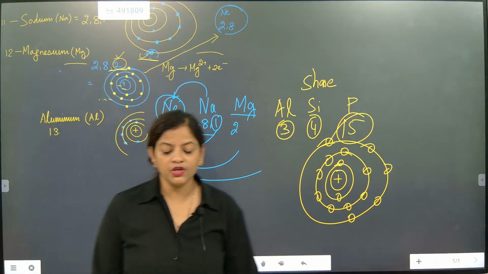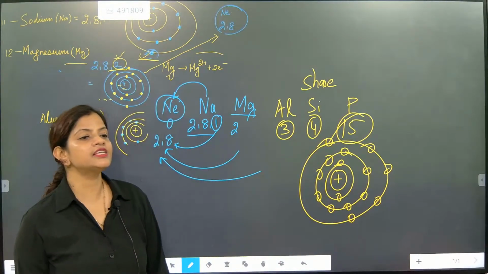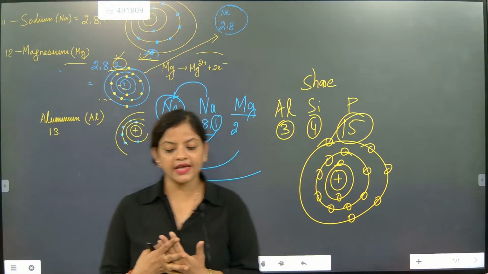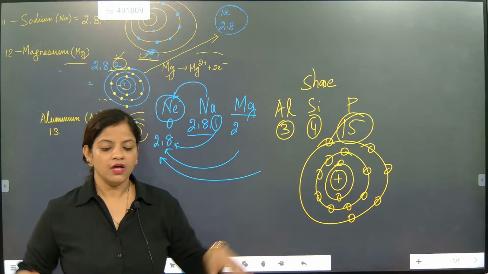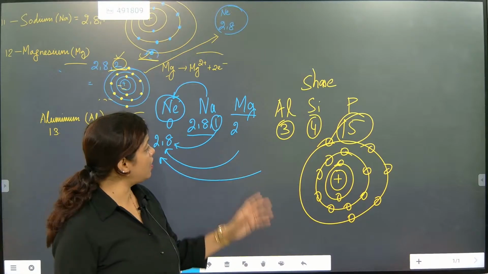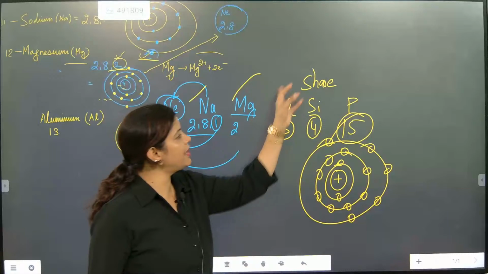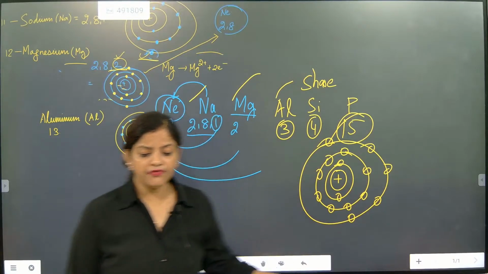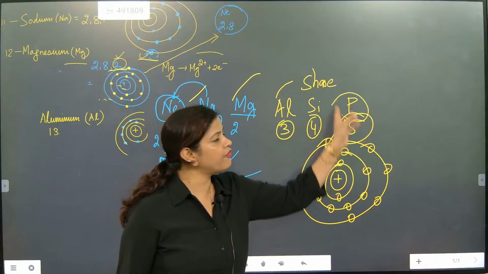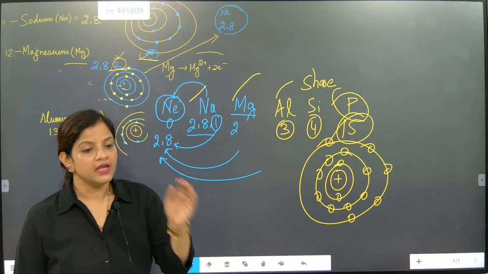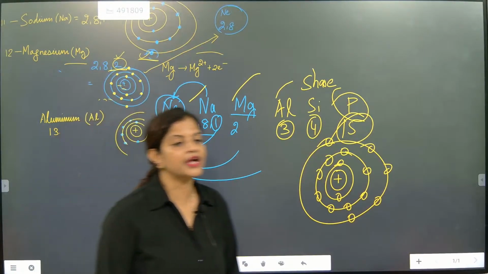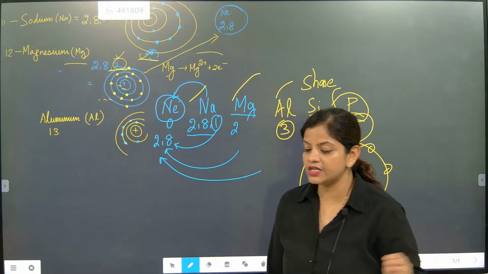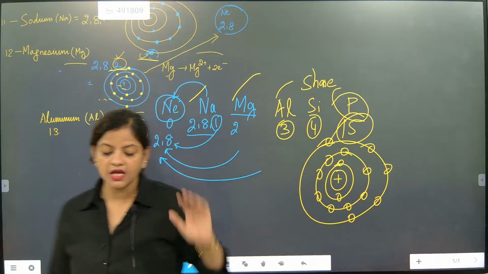So definitely when you are giving, it is positive. When you are taking, it is negative. If you give electrons, like sodium, magnesium, aluminium have done, it will become electropositive. But if you are taking, like phosphorus, you will become electronegative. Electronegative means you are taking.